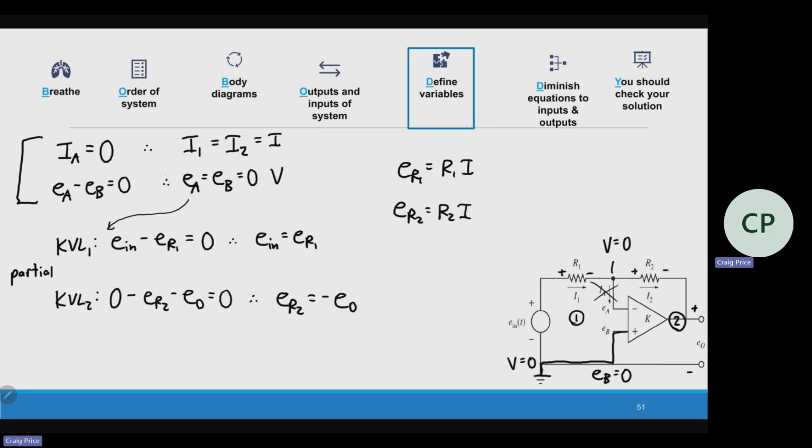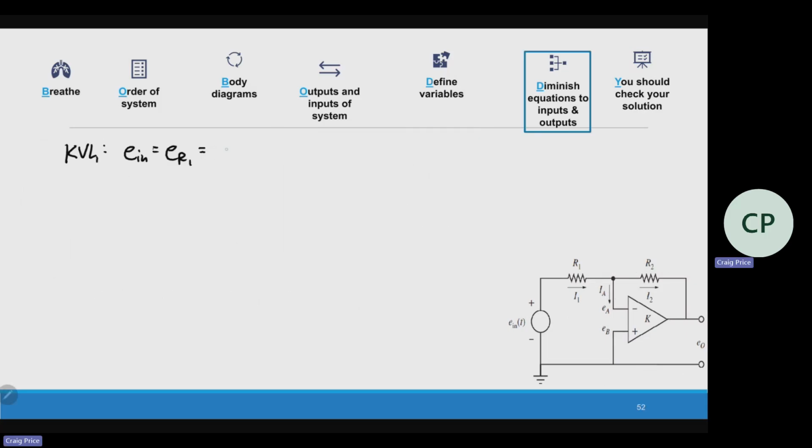So I can say E in is equal to ER1, which is equal to R1 times I. We can rewrite I. I is the same thing as ER2 over R2, because they share the same current.